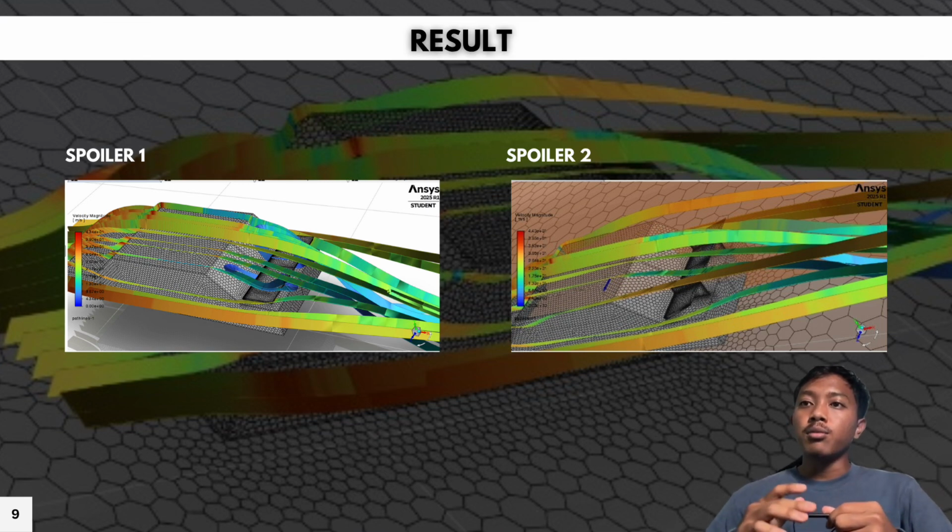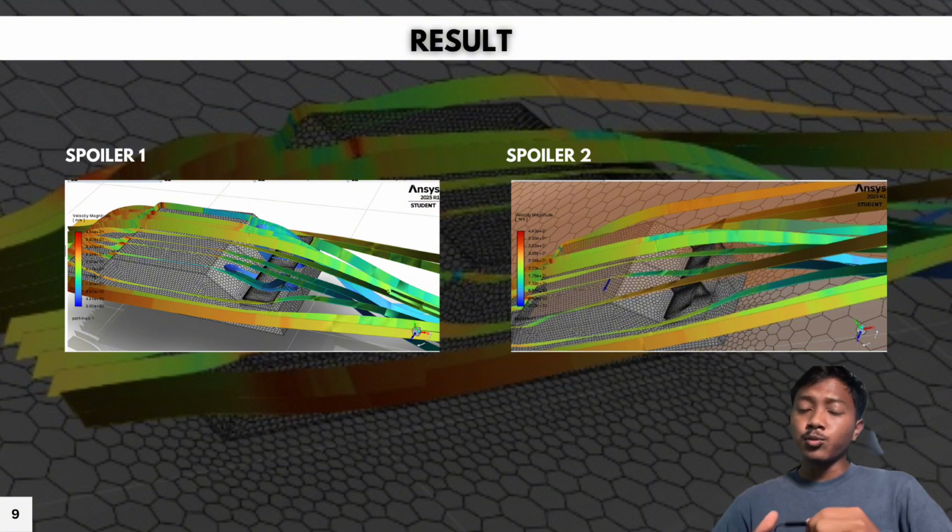This indicates a more efficient flow with lower drag. The velocity gradually decreases towards the rear, and importantly, there is no major backflow or swirl, suggesting that this spoiler helps guide the air cleanly off the car.